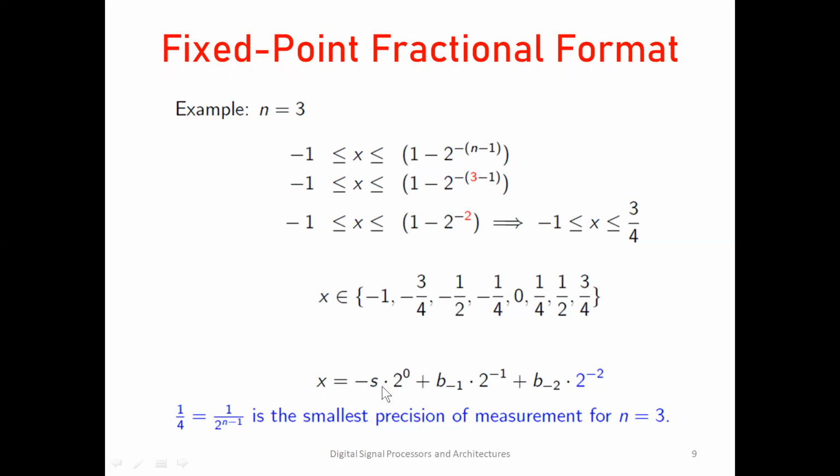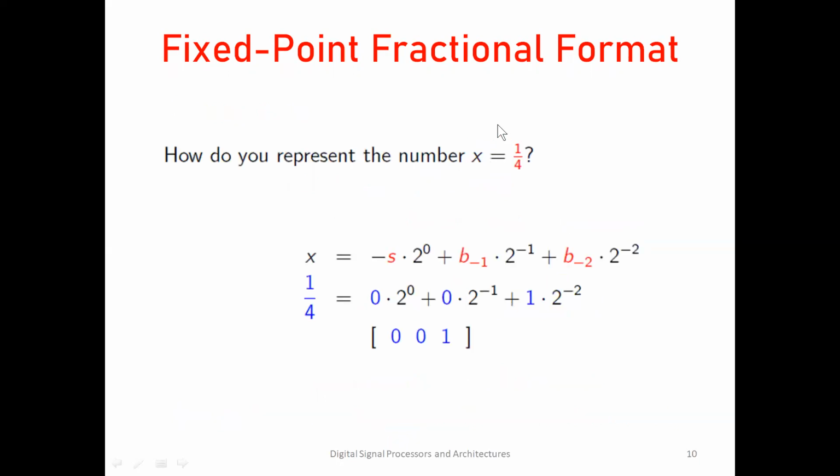This is the representation because n equal to 3. So we have minus s 2 power 0 plus b minus 1 2 power minus 1 plus b minus 2 2 power minus 2. We'll talk about the precision in the next lecture.